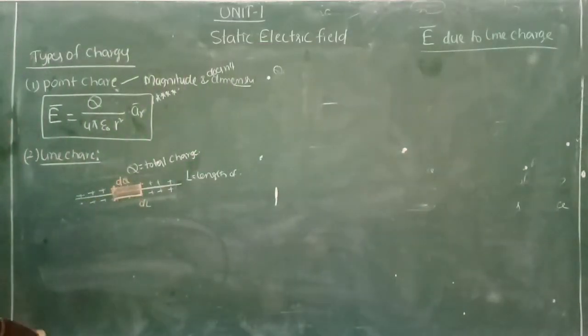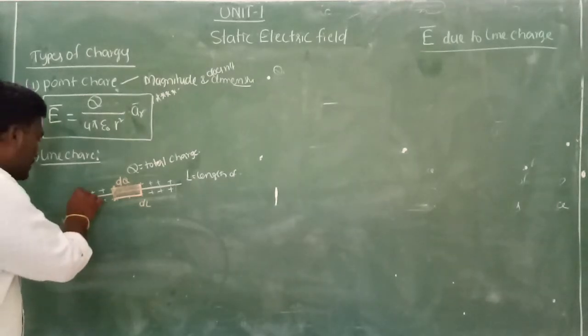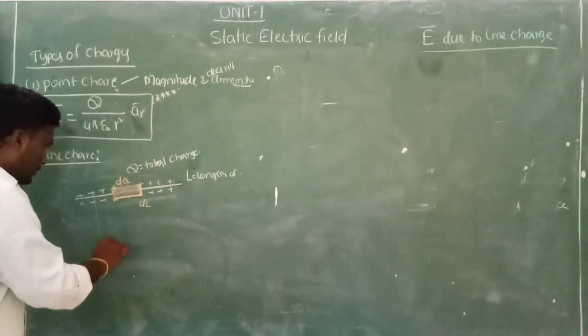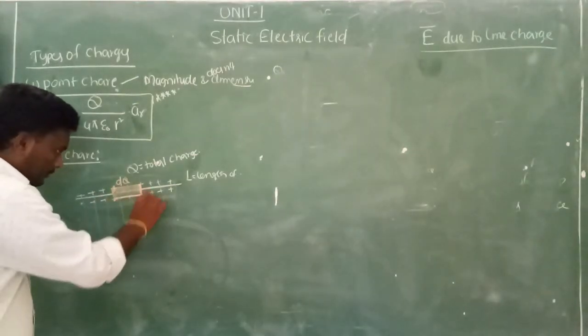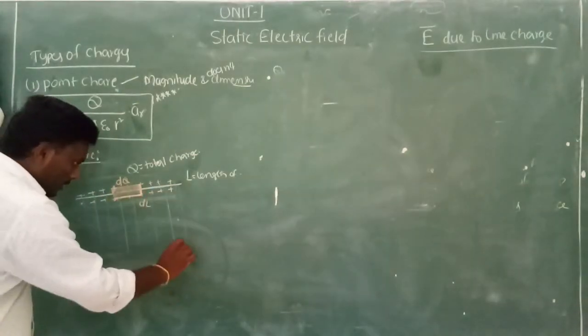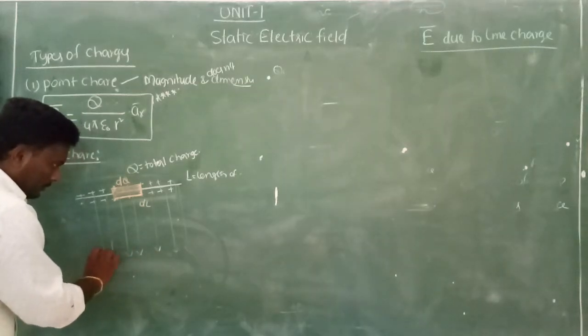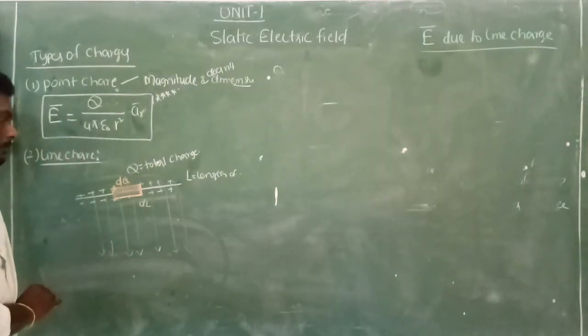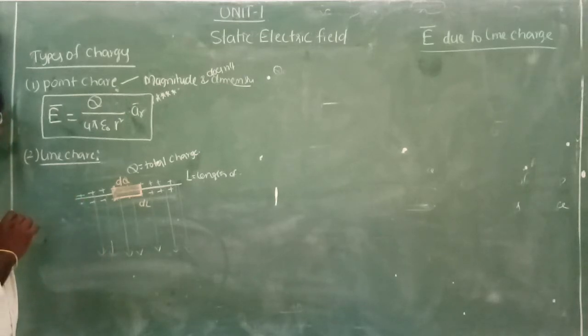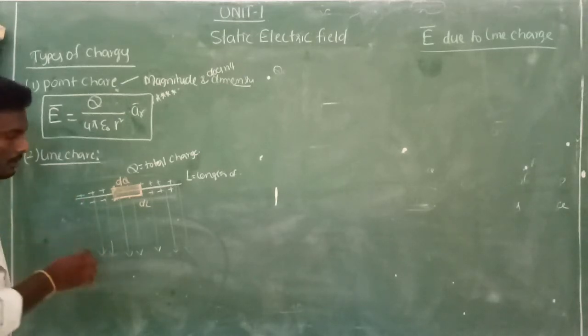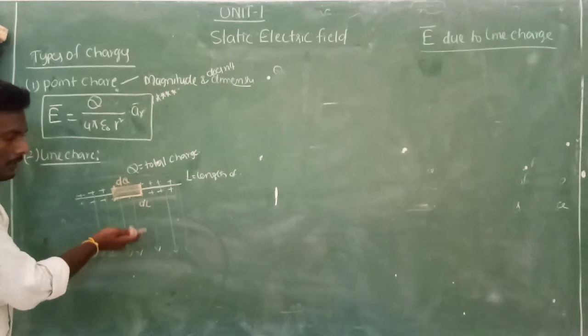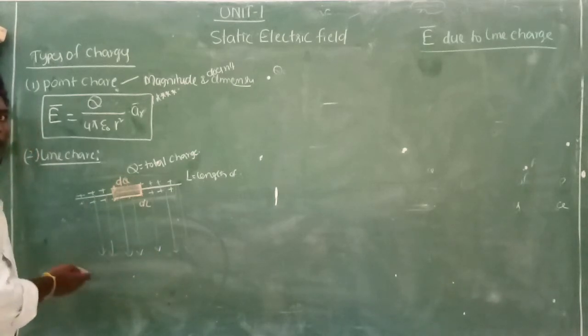Now see, whenever a charge exists, due to its properties it produces electric field lines like this. These are my electric field lines. Whenever a field exists, if you bring another similar charge into this region, what will happen?